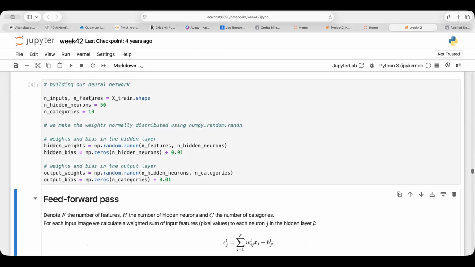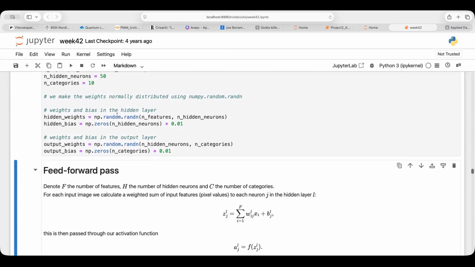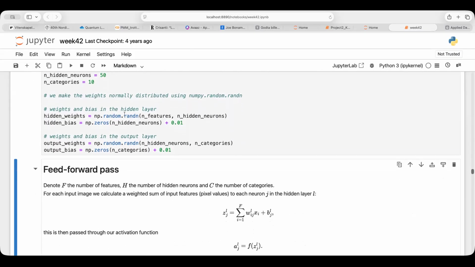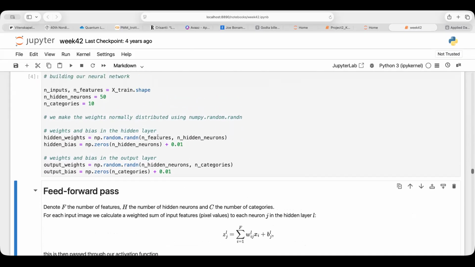So what we're doing here is simply to set up the number of inputs, the number of features, and that's given by the training data here, which we have. We did define hidden neurons. That's going to set up the dimensionality of the weights. And you can see that that's given by the number of features, the 64 pixels. And then we have hidden neurons, which are 50.